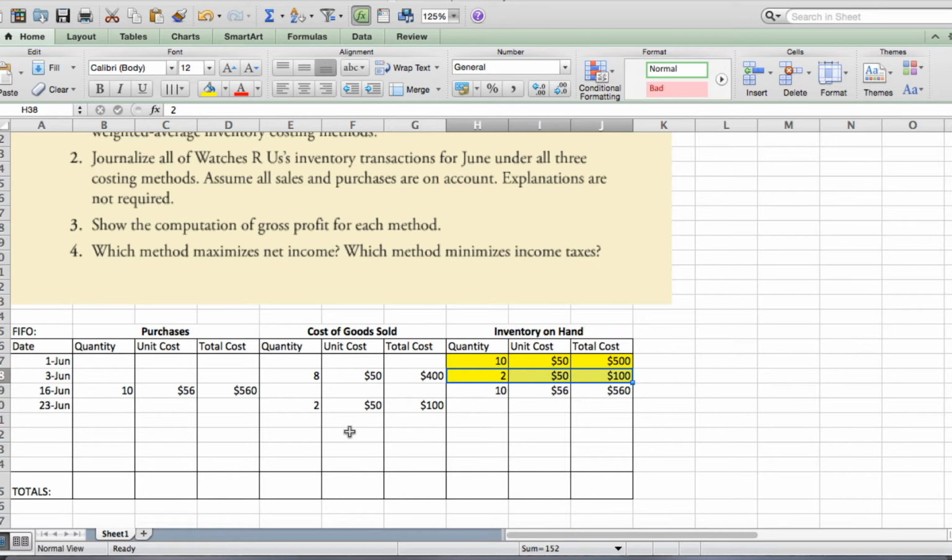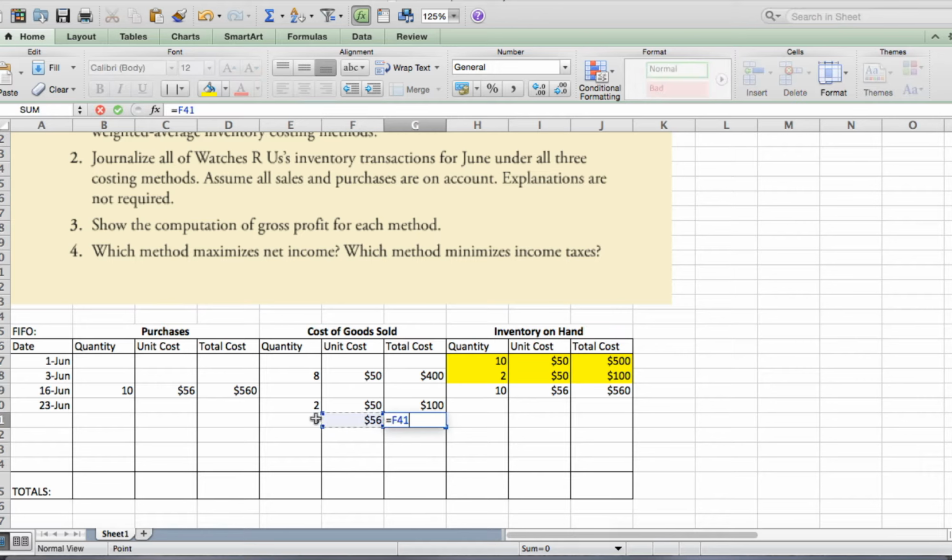But this transaction called for selling 8. So I sell 2 at $50 a piece for my cost side, and then 6 at $56. The combined amount of this transaction, cost-wise, is $436.